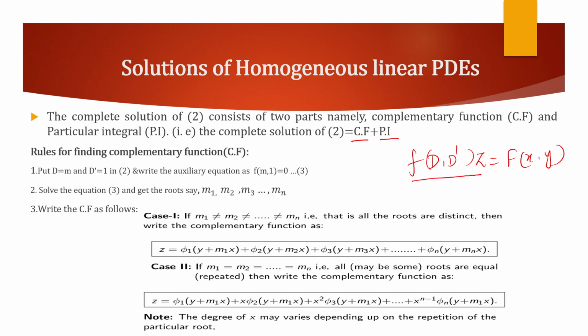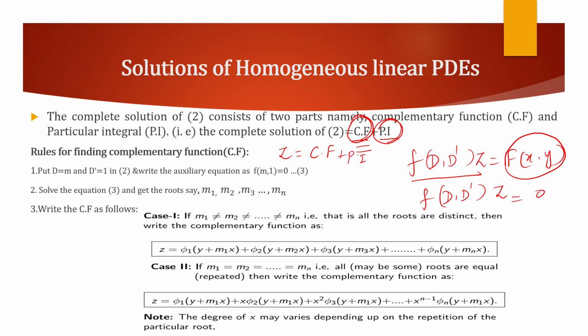Considering the left hand side, we find our complementary function, and considering the right hand side, we find our particular integral. Suppose the right hand side is 0, that is, if we have our equation in the form f(D, D') z is equal to 0, then the complementary function alone gives the general solution. So the general solution z would be CF alone. Otherwise it is CF plus PI.